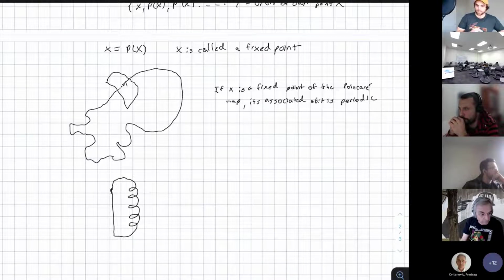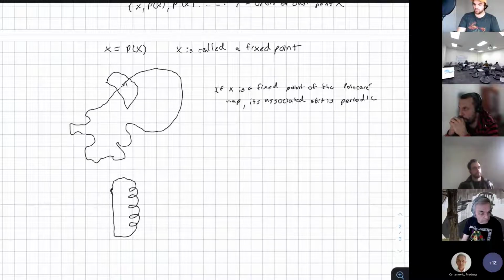Imagine I had an orbit that looked like this. So it looks like some solenoid that has an associated connecting up point, right? So this orbit is clearly periodic. If we have some bounds over our vector field, we can even get some bounds on the period of this orbit.